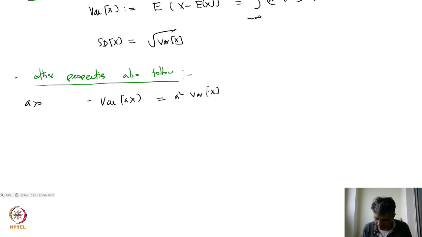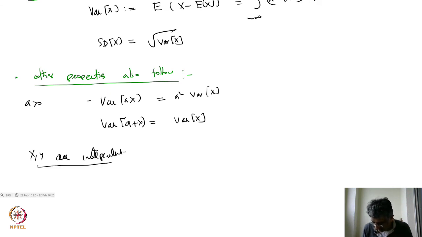Then if you shift a random variable, the variance doesn't change because the spread doesn't change. The same idea of spread works. And then the other thing is, if X and Y are independent, then the variance of X plus Y is the same as the variance of X plus the variance of Y.